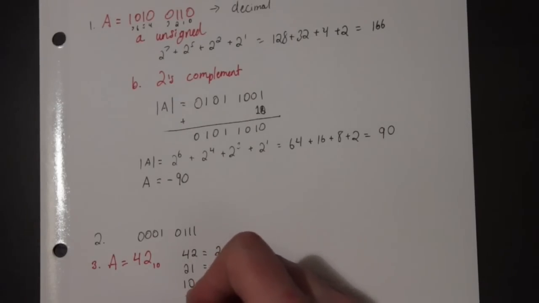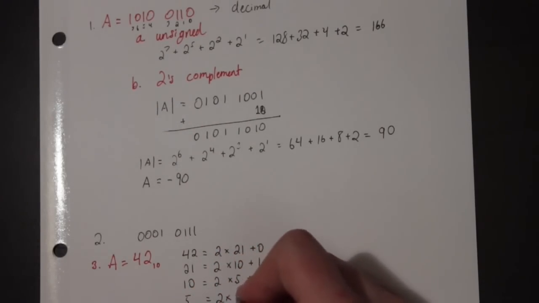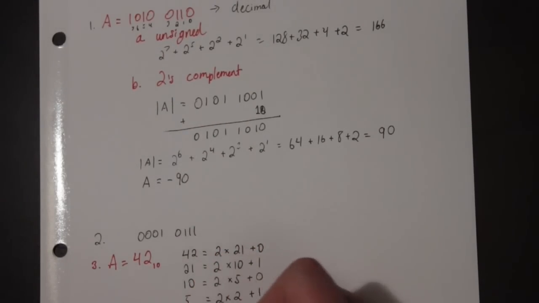Then 5 equals 2 times 2 plus 1. Then finally 2 equals 2 times 1 plus 0. And then 1 equals 2 times 0 plus 1.